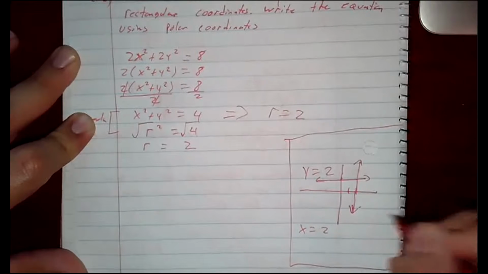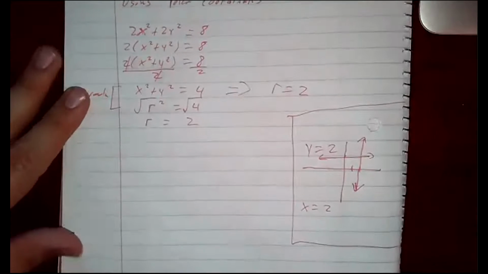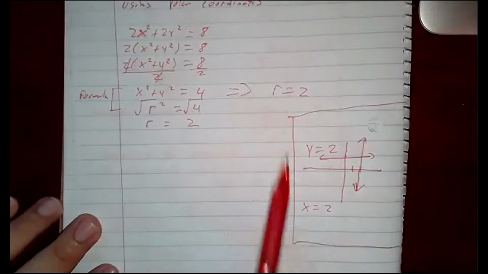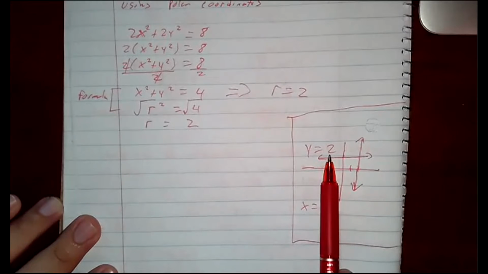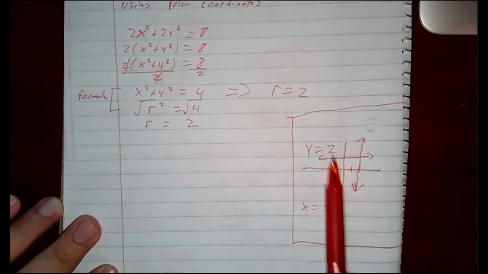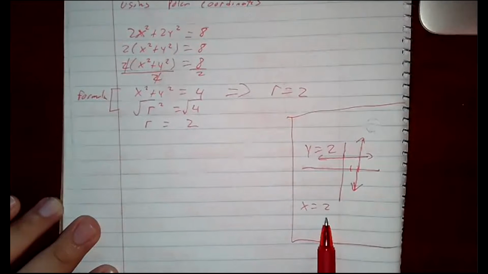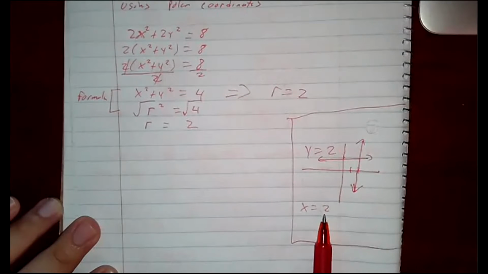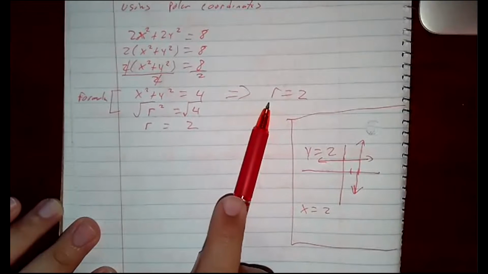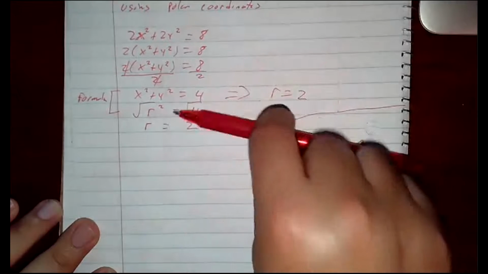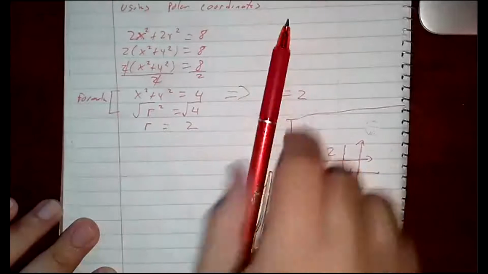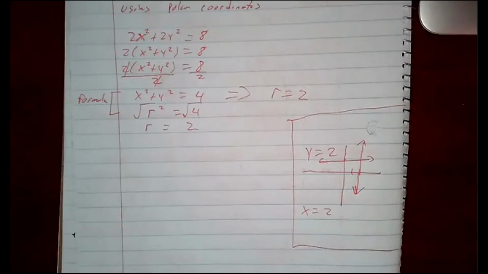Do you guys remember? Yes. So for r equal to 2, it's the same concept as this, meaning when y is equal to a constant, x can be anything, but y will always be 2. Here, y can be anything, but x will always be 2. Over here, though, the radius is always 2 for all angles. So meaning, I'm going to go in a circle, right? Making my radius 2. So let me give you an actual graph this time.